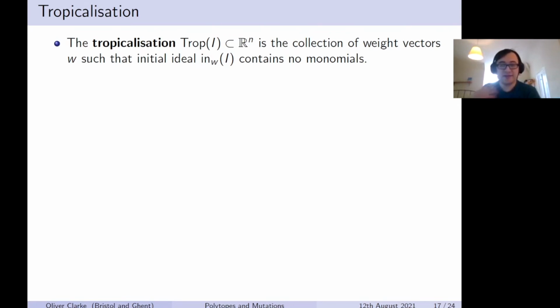So this is going to be the collection of weight vectors. There are a few different definitions for tropicalization, and one that fits nicely for us is the collection of weight vectors such that the initial ideal doesn't contain any monomials. And so we've seen that all matching fields give rise to points in the tropicalization, or for every weight that induces a matching field, that weight is going to be a point in the tropicalization.